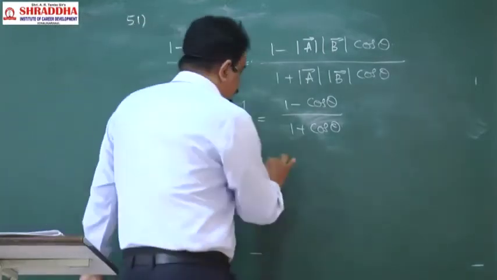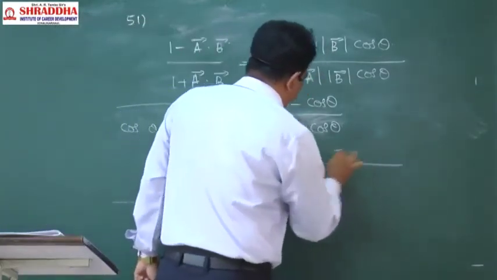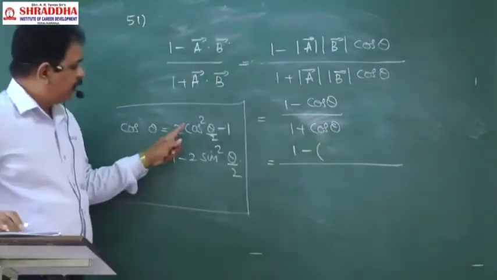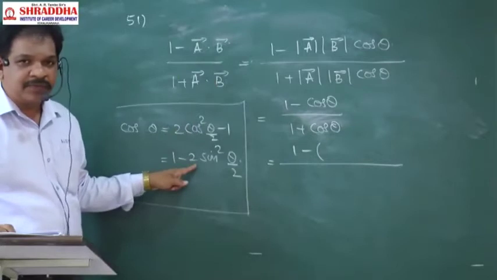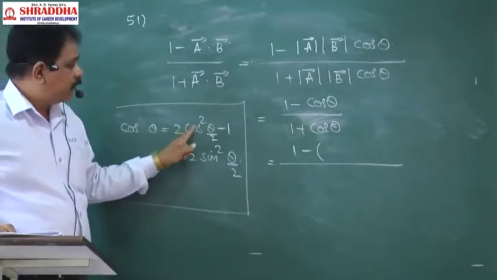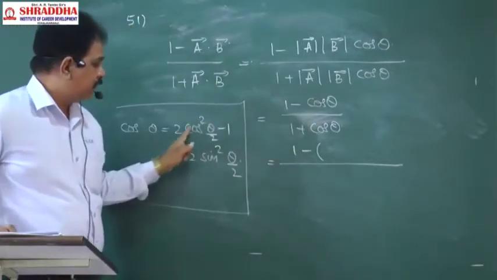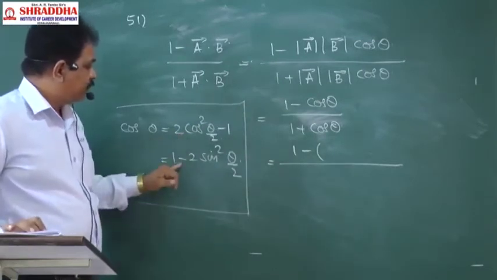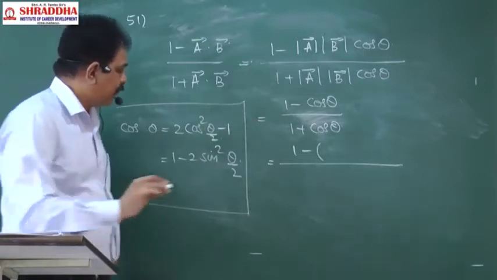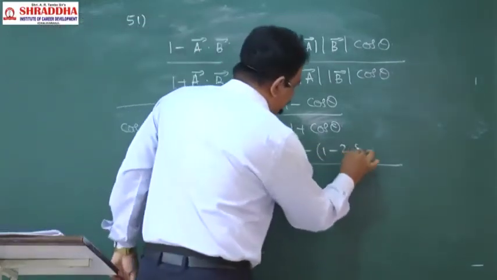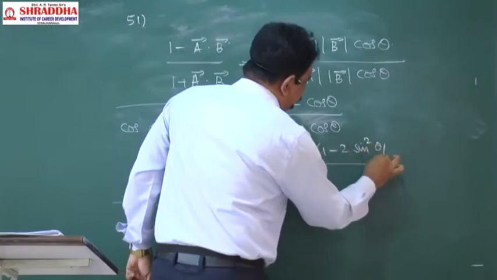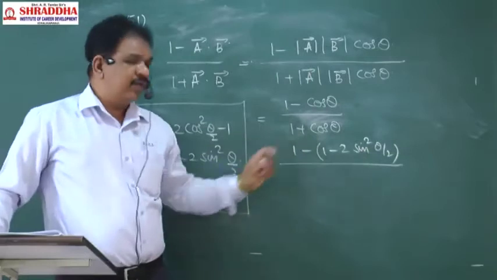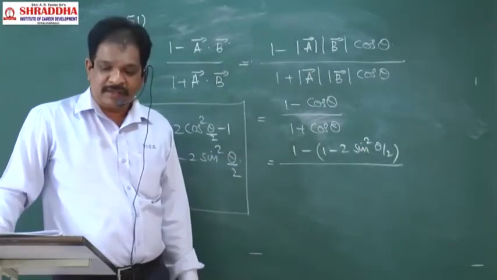So for this value, 1 minus cos theta, we can substitute either of these. Here I am substituting 1 minus 2 sin square theta by 2, because the 1 will cancel.